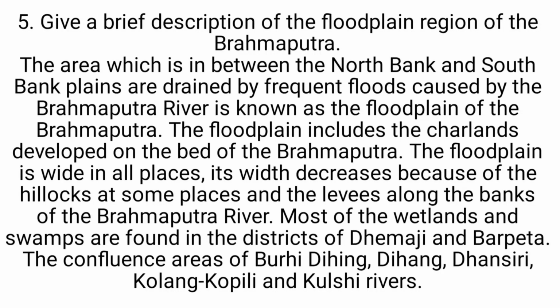Its width decreases because of hillocks at some places and the levees along the bank of the Brahmaputra River. Most of the wetlands and swamps are found in the districts of Dhemaji and Barpeta. The confluence area of Buri Dihing, Dihang, Dhansiri, Kolong, Kopili and Kulsi Rivers.